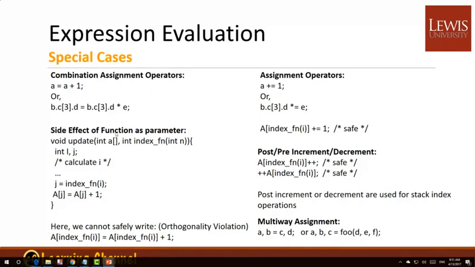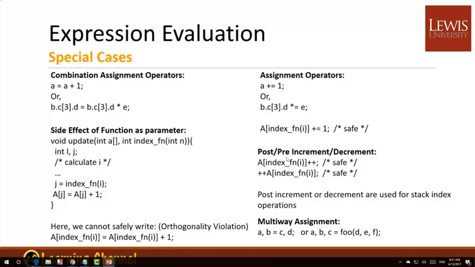So the side effect of a function as parameter here is an assignment as a parameter. Let's look at this right-hand side first. This function will return an integer value, and that integer value is used as an index for a, and then this a with that index will be increased by 1, so this one is safe.